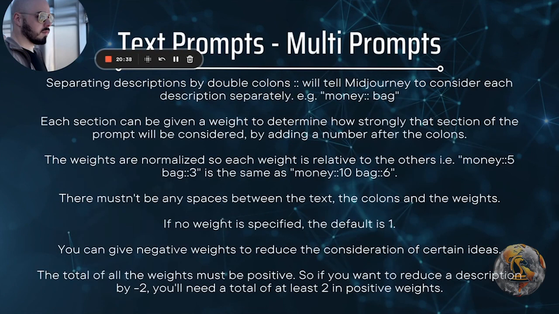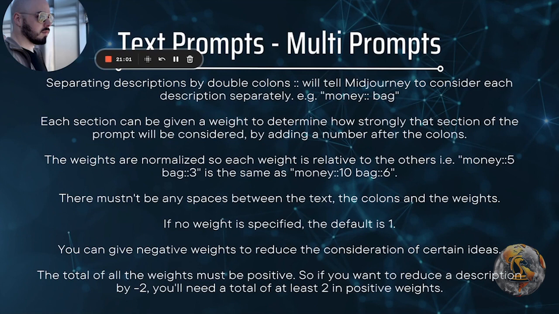Now, let's talk about the multi-prompts. Separating descriptions by double colons will tell Midjourney to consider each description separately. Money bag. So see how I put it there, money bag. Each section can be given a weight to determine how strongly that section of the prompt will be considered by adding a number after the colons.